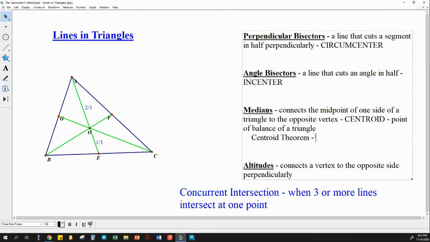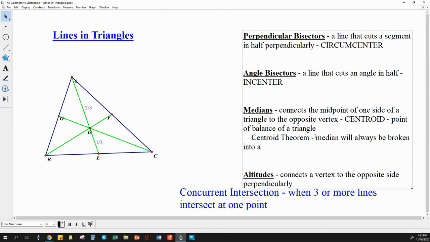So just realize the centroid theorem means that the median will always be broken into a 2/3 and 1/3 section.